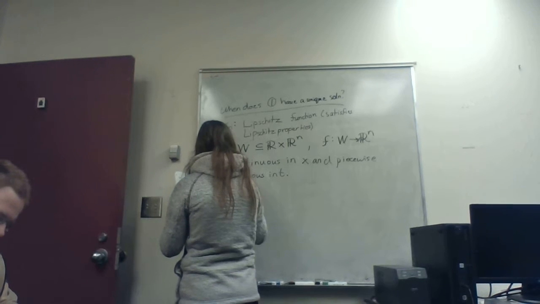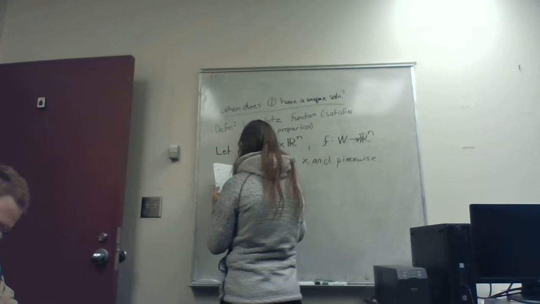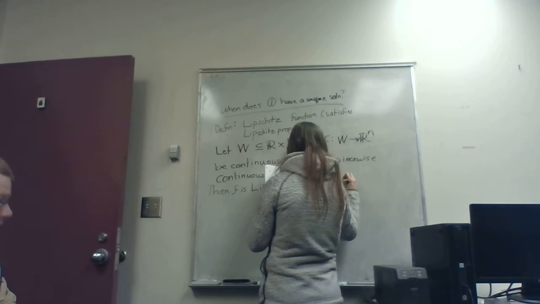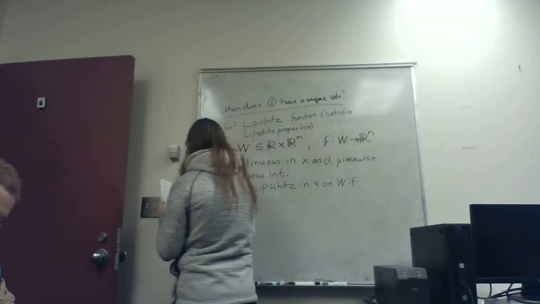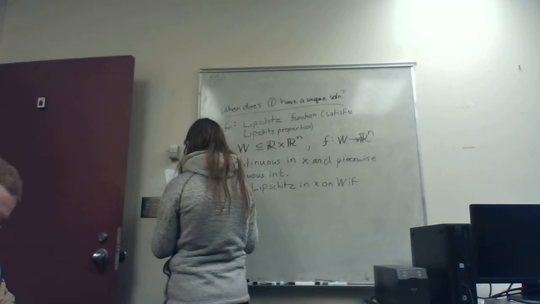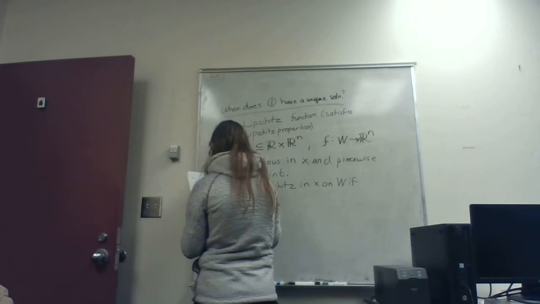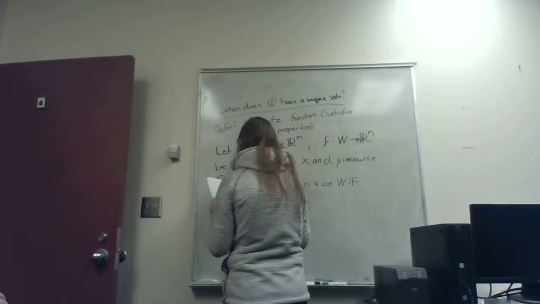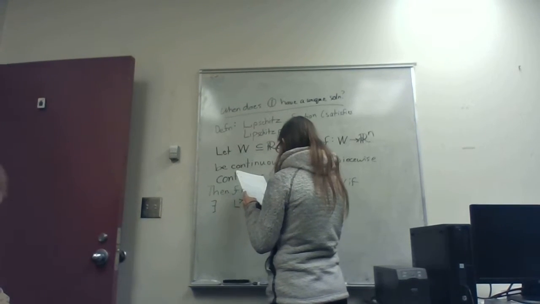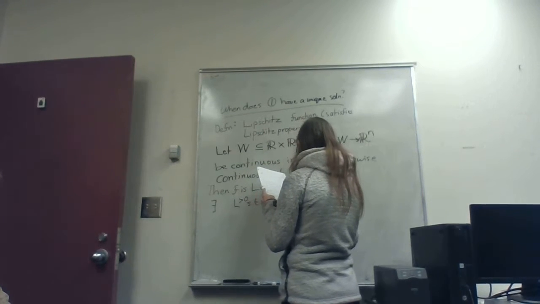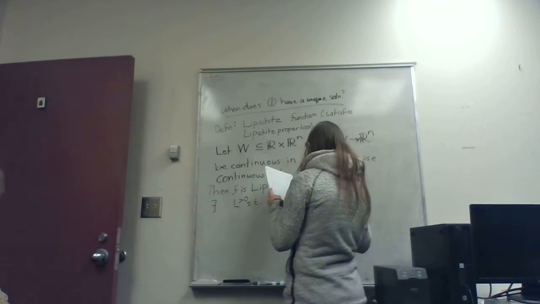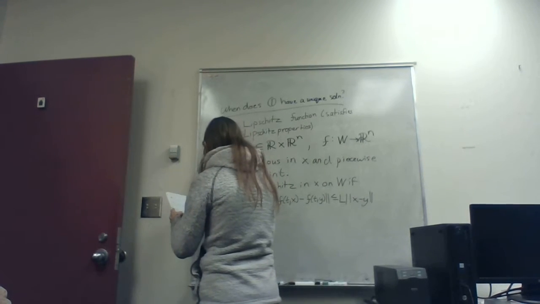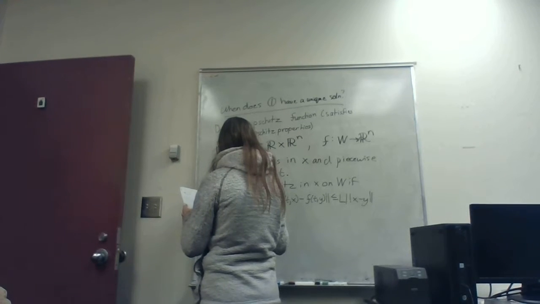Then F is Lipschitz in X on W if there exists an L, a constant greater than 0, such that the norm of F of T, X minus F of T, Y is less than or equal to L times the norm of X minus Y for all T, X in W.